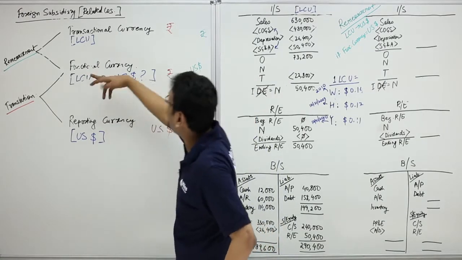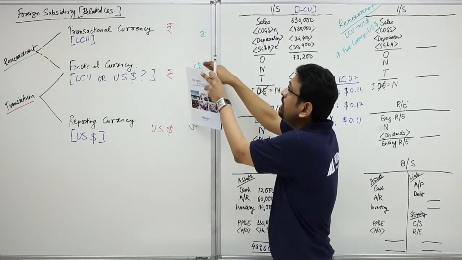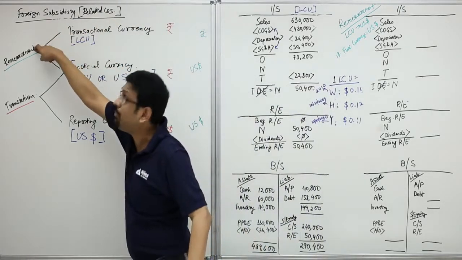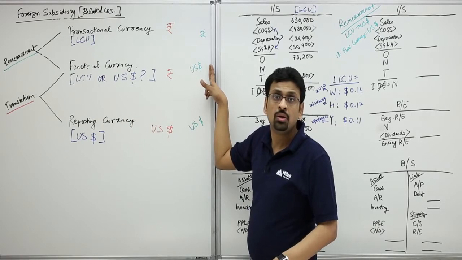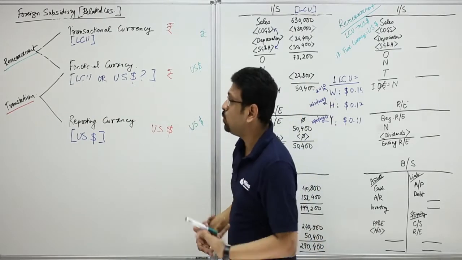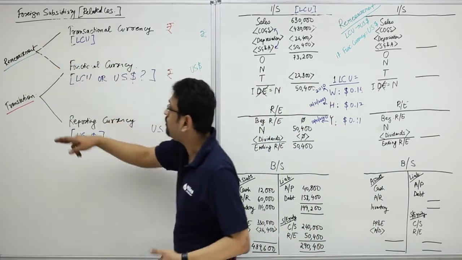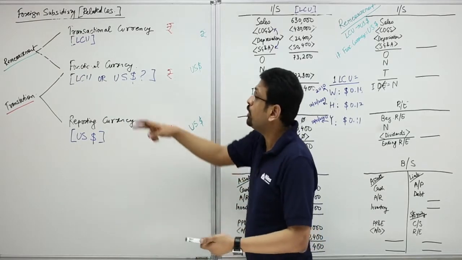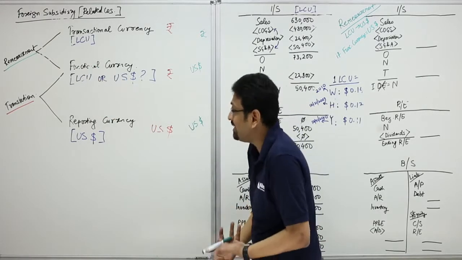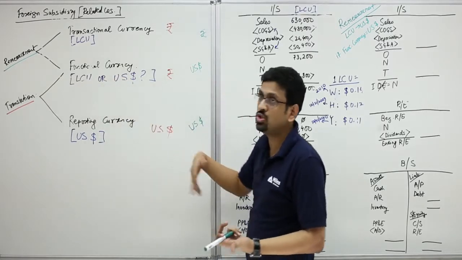If the functional currency itself is US dollars, we'll reach US dollars when we remeasure. So guys, you decide whether to use remeasurement or translation when you know your functional currency. Is it a local currency unit or a US dollar?